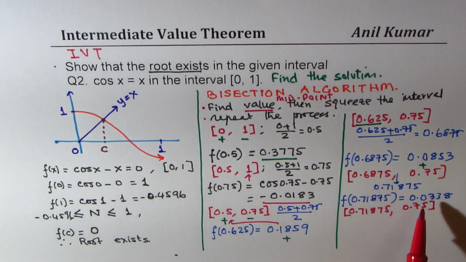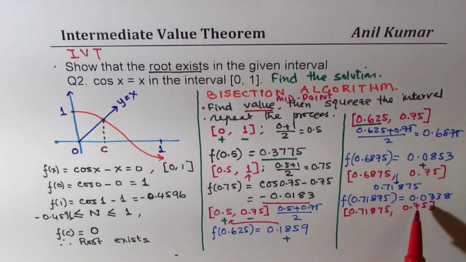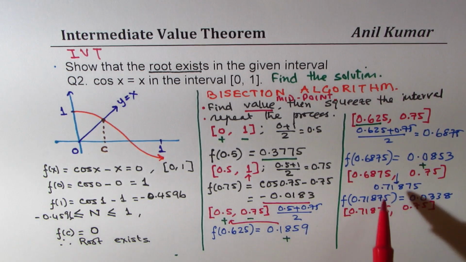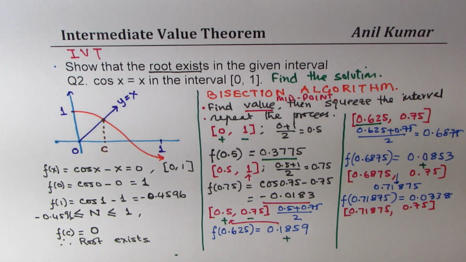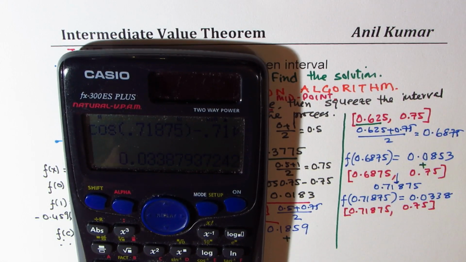So we have already got a value which is 2 decimal places close to the answer. Perfect. So like this, if you follow the method, you can get a very accurate result. Now this can be done very easily by the computer, right? By computing or by graphing. So let's do it once again. This is the last time.